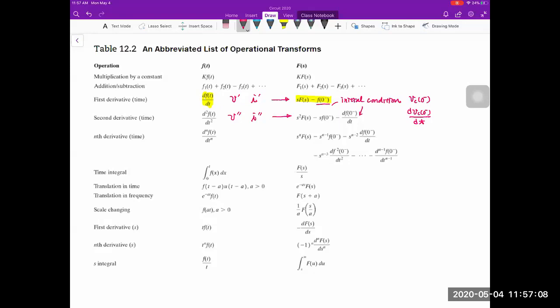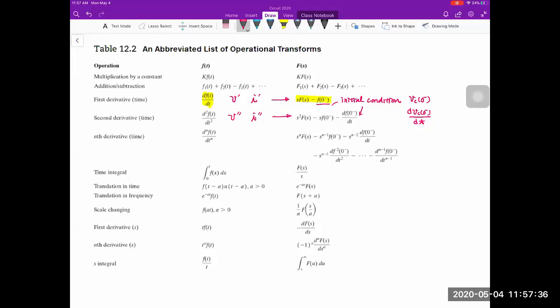No, you don't need to do that. All these will be integrated into the Laplace transform. You simply put those values into here. But this also implies that you need to find how to get those initial values. You have to find the initial values for the circuit first, such that you can put those values into this equation.